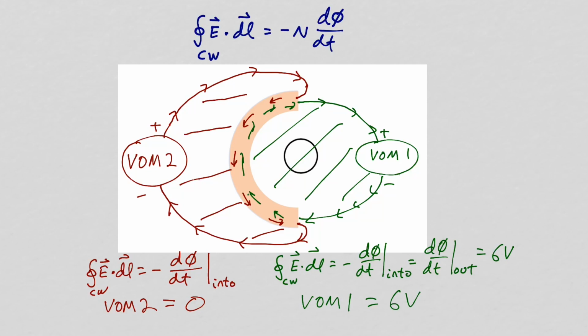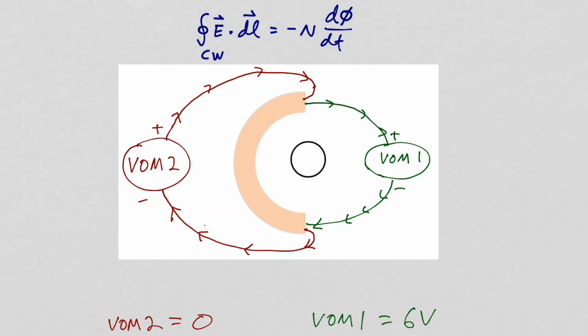One final thought. What if we took the path through the 2 upper leads, through the voltmeter on the right, through the 2 lower leads, and finally through the voltmeter on the left? So now the surface enclosed by our path of integration is this region. And the electromotive force through that region is 6 volts.